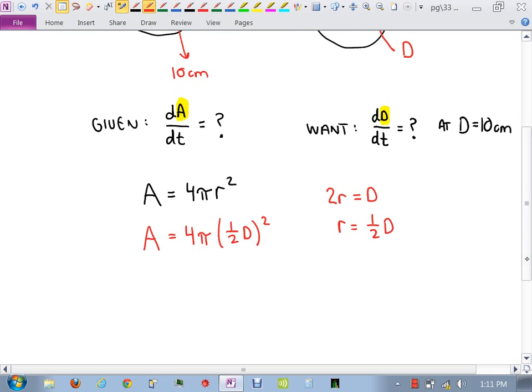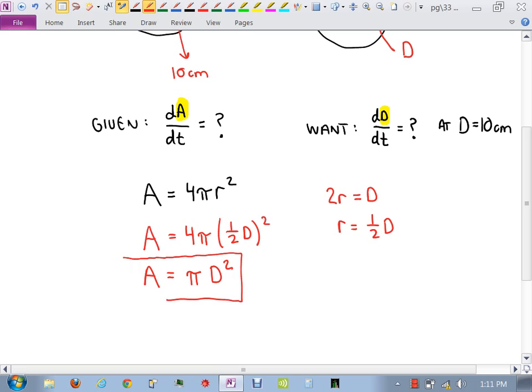Then square the 1/2. 1/2 squared is 1/4. That 1/4 will multiply times the 4 out front and go away, and you'll just have pi times diameter squared. That makes sense? Square the 1/2, that cancels out the 4 in front, then you do have to square the D, so you get D squared. So now I have an equation.